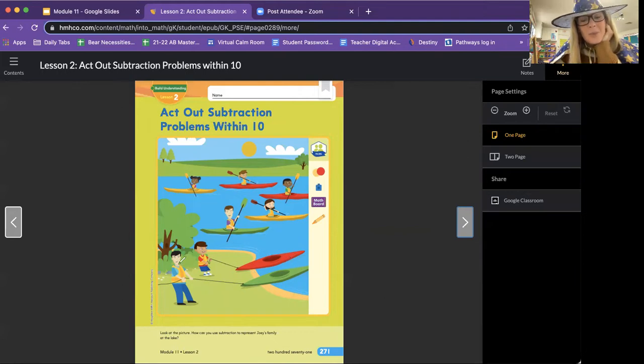But how many of them are leaving here? Let's make up a story. Let's see, there are 7 people in his family, and 2 of them, do you know what this is? That's my subtraction sign, my takeaway. See, woo, takeaway. 2 are leaving.